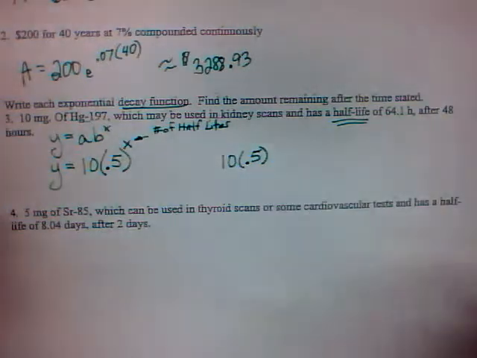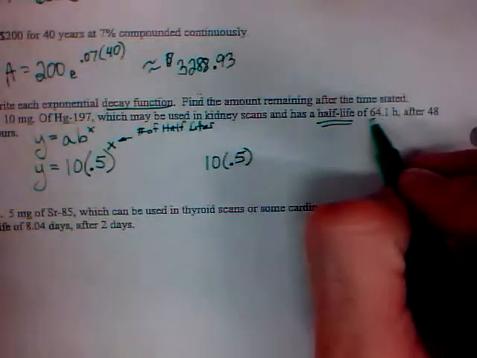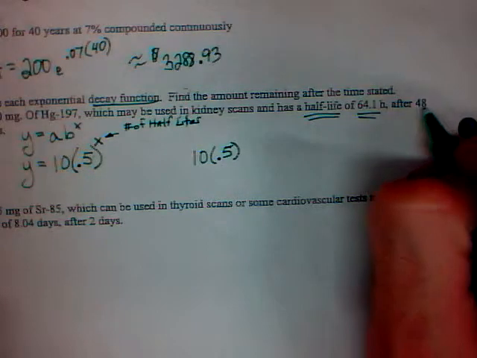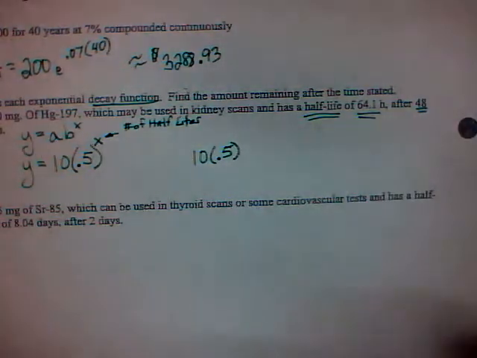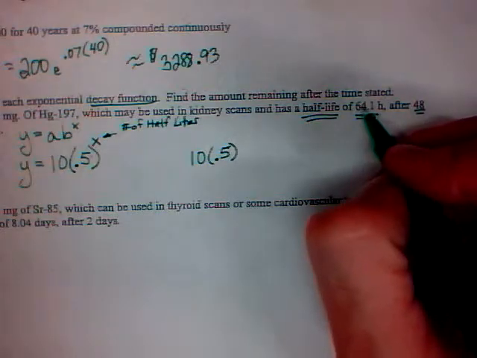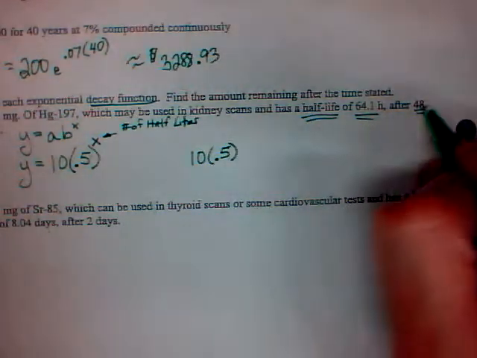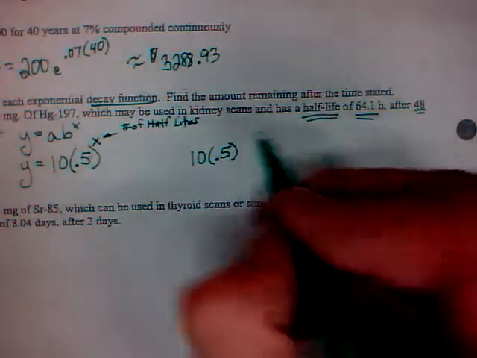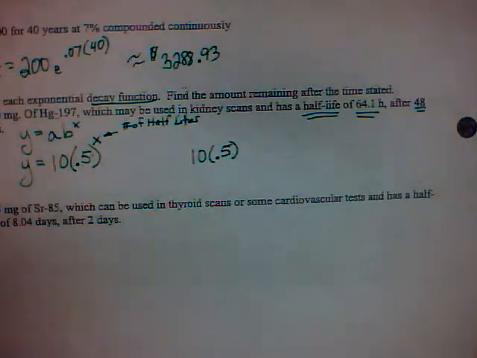Now, the half-life on this particular problem says it takes 64.1 hours for half of it to disappear. Well, we've only gone 48 hours so far. So since this number is smaller than 64.1, we haven't even had a half-life yet. This would need to be 64.1 for our power here to be 1. That would be 1 half-life.